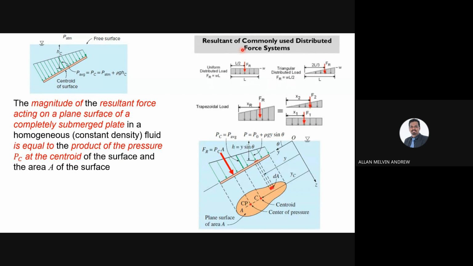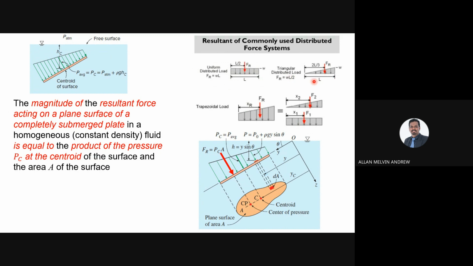Resultant or commonly used distributed force system. Normally in the calculations, you can have this kind of setup. Normally it will be uniform, so the plane is horizontal, and then you can take the FR at the center.